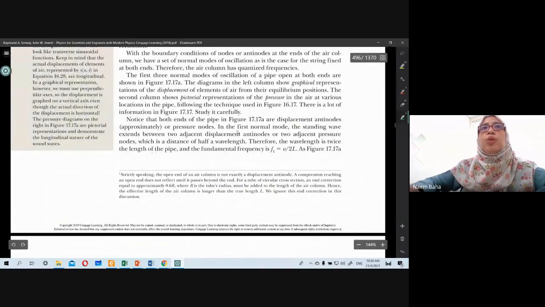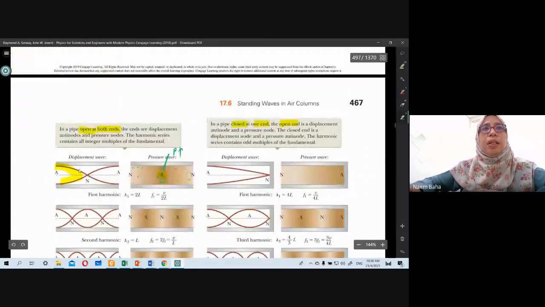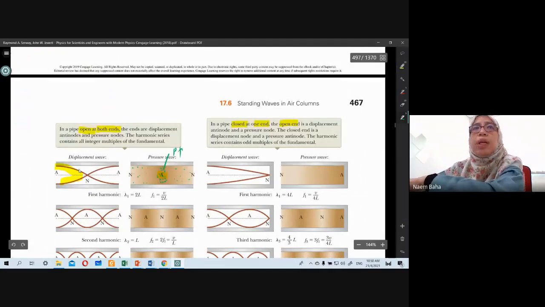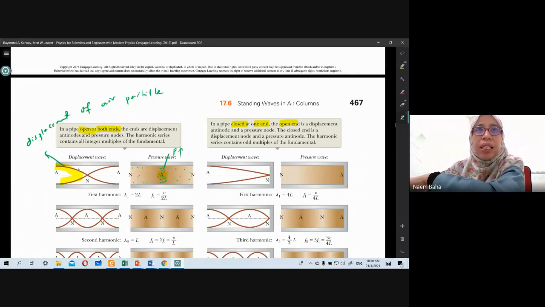All right, so displacement. Something to look at and jot down. So this is in terms of displacement of air particle, while this one is pressure experienced by the air particle.